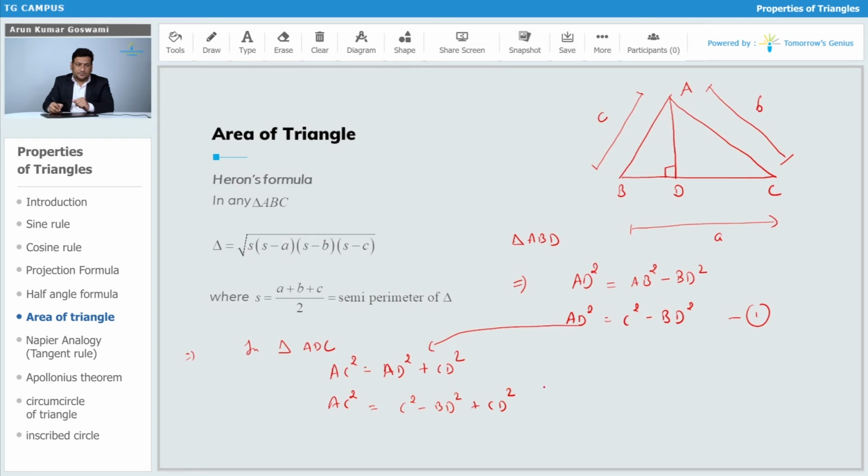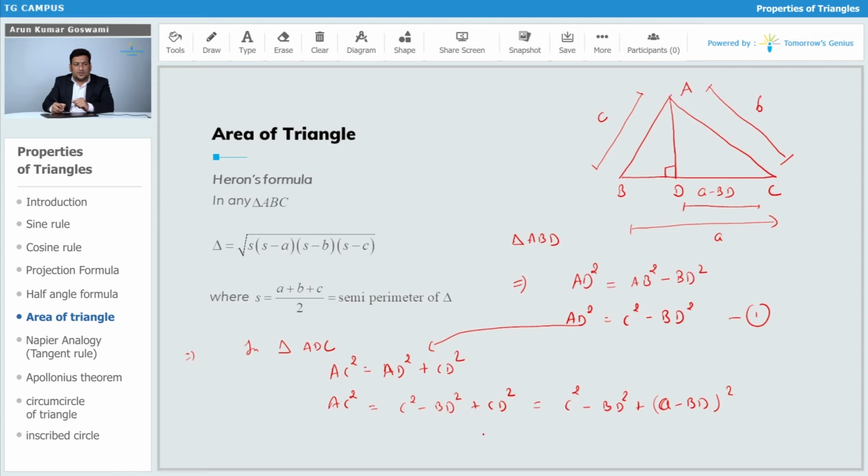c square minus BD square plus CD square. Since my BC is equal to a, CD can be written as a minus BD. So I'm writing CD as nothing but a minus BD, whole square.